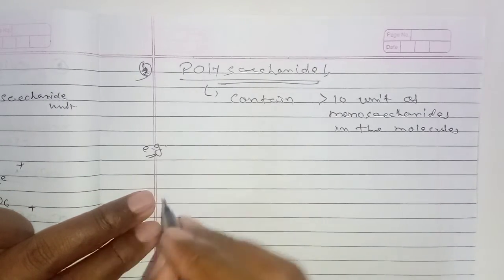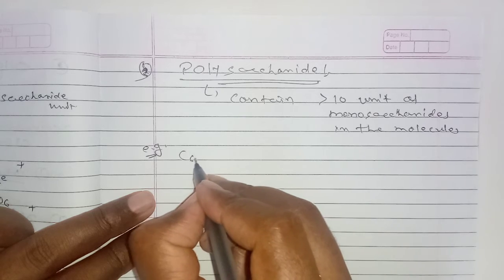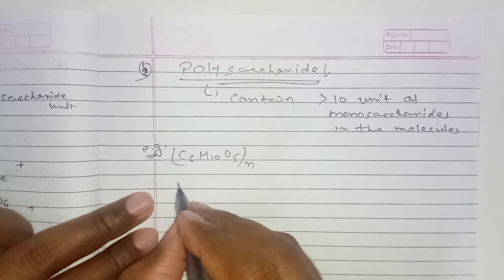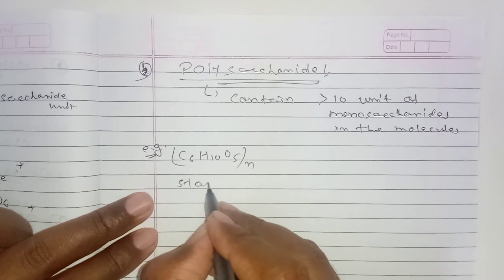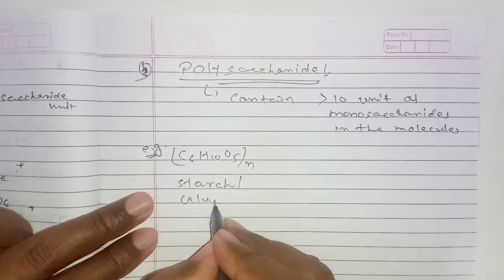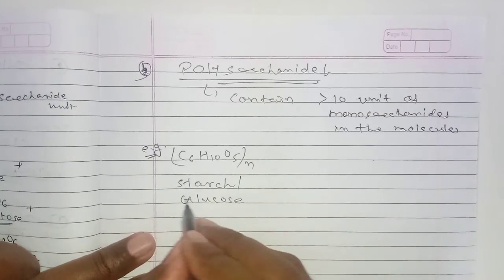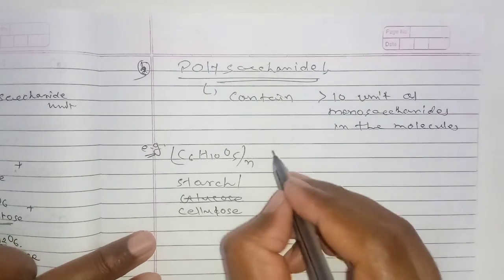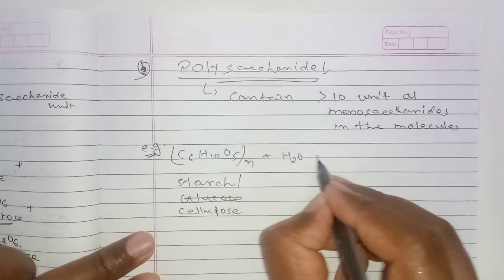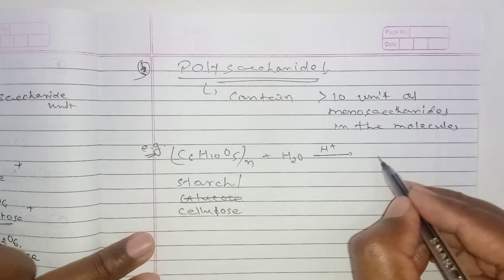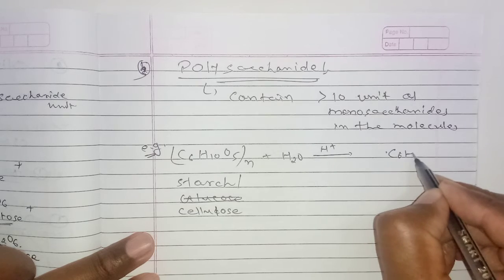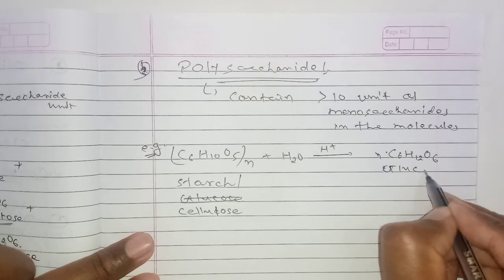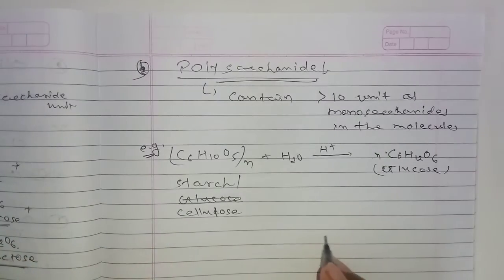For example, C6H10O5, starch or, sorry, cellulose, which on hydrolysis gives a number of glucose molecules.